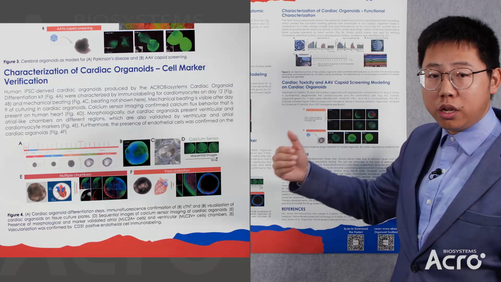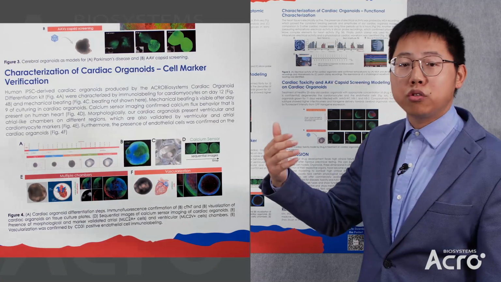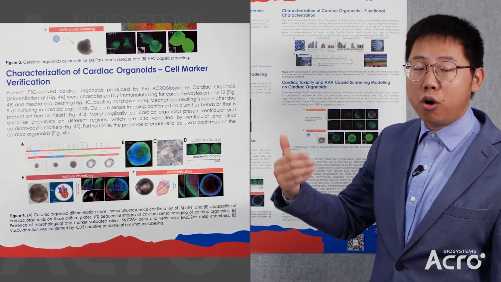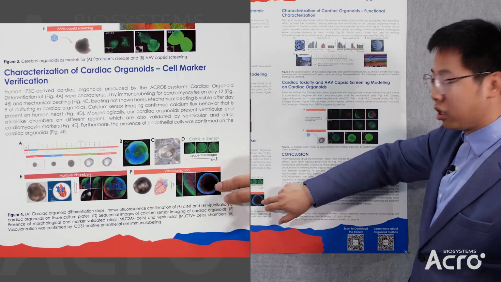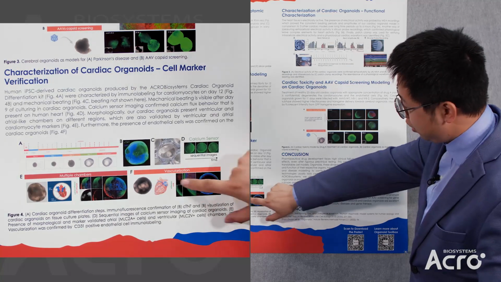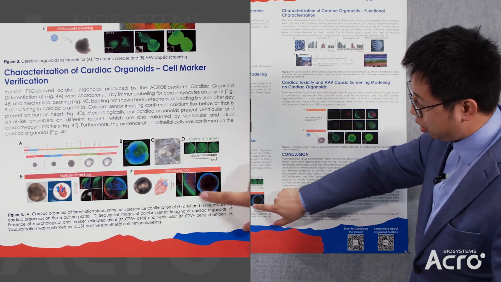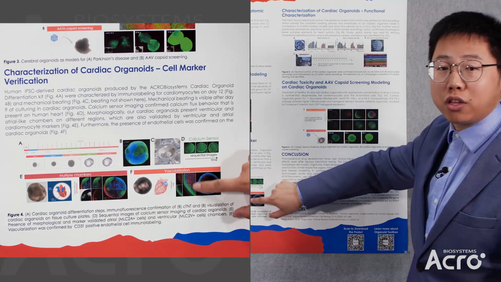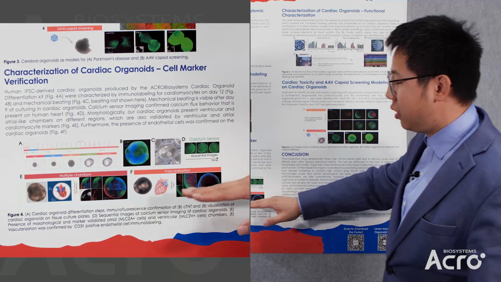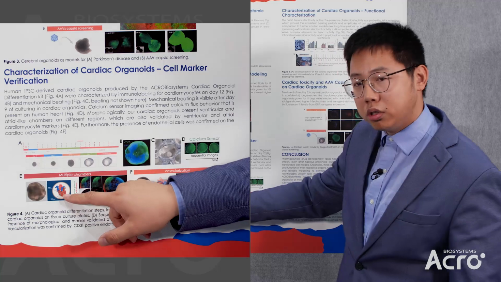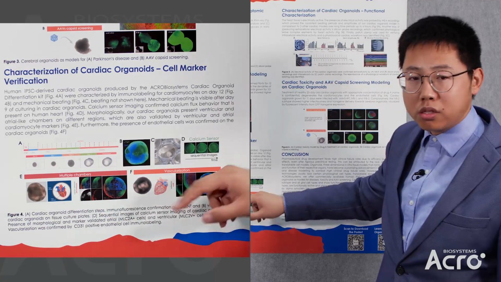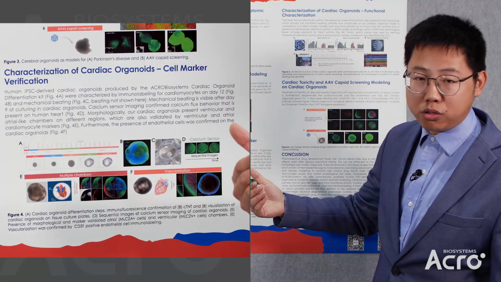And we use CD31, the vascular endothelial cell biomarker, to stain the cardiac organoids. You can see that the red dots cover all parts of the cardiac organoids. So this shows that it's not just a single heart, but also covered by the heart-related blood vessels.